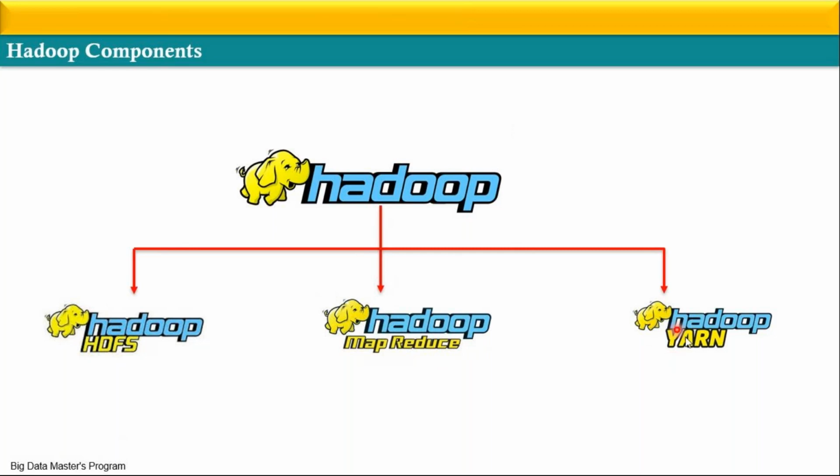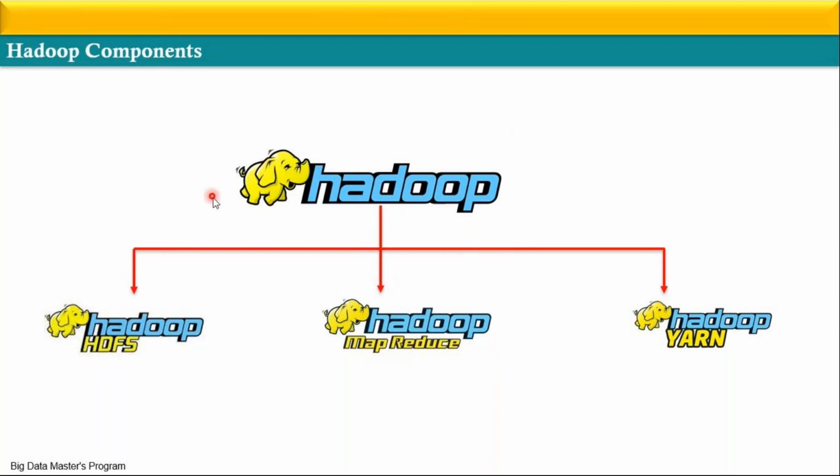Then why do we need YARN? YARN is Yet Another Resource Navigator. This is the resource manager. Over here we have multiple resources, we are running with multiple machines. So how effectively we are going to utilize those machines, that is the duty of this component.